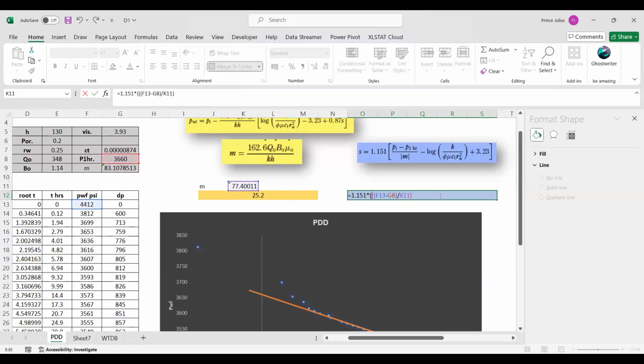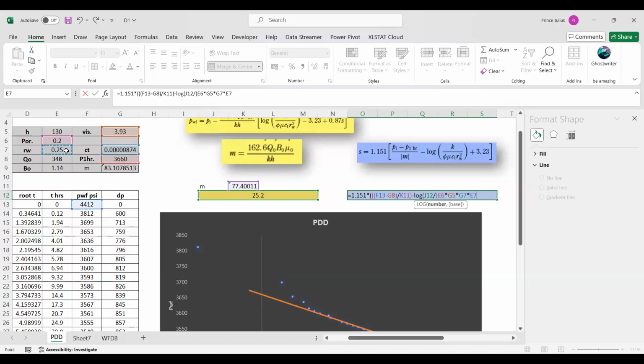So I will use one more bracket, minus log permeability, which we have estimated, by phi, which represents porosity, into viscosity into total compressibility into rw square.